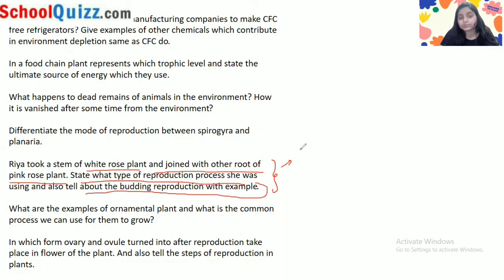Firstly, what is Ria doing? And secondly, budding reproduction. So what is Ria doing? Ria is using vegetative propagation. Okay, just a second.